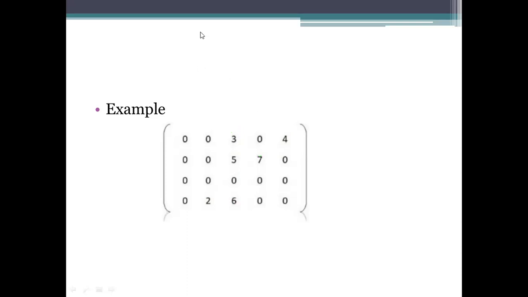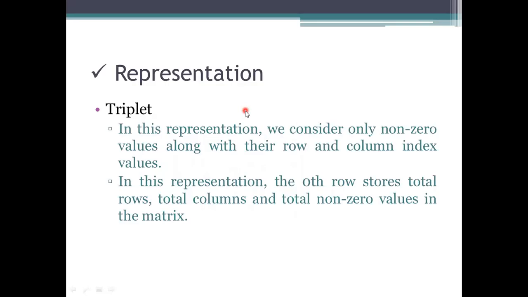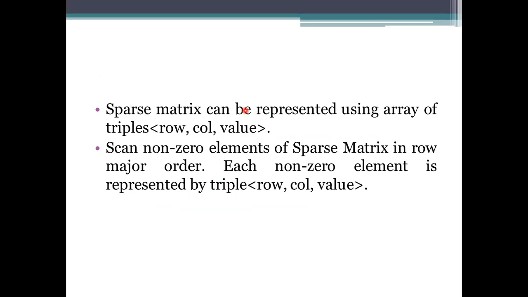And how are we going to represent this? We can use the triplet formation, or we may specify it as a linked list. So for the sparse matrix, we will read only the non-zero elements, because it has very few non-zero elements. To start this processing, just count how many elements there are.